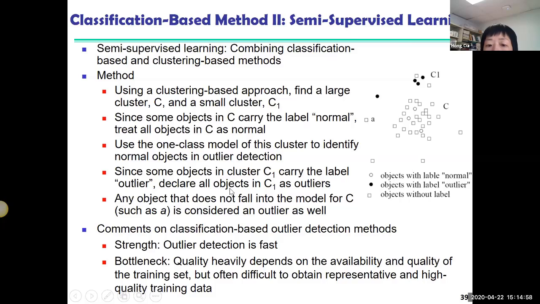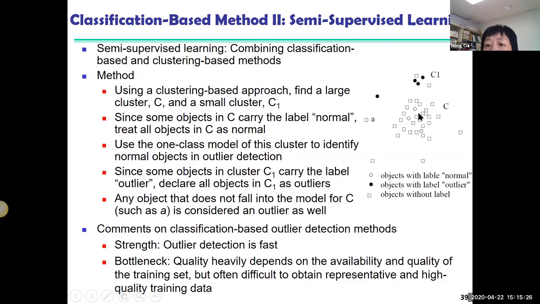We can declare all the objects in C1 as outliers. Then these outliers and anything that doesn't fit the model could also be labeled as outliers. This is one way that clustering and classification models can be used together. There are also other ways you could do it.